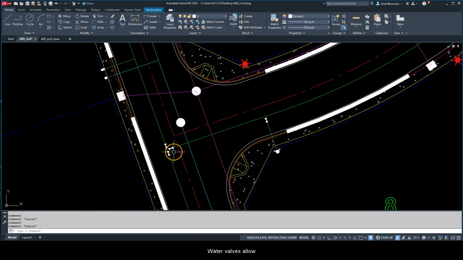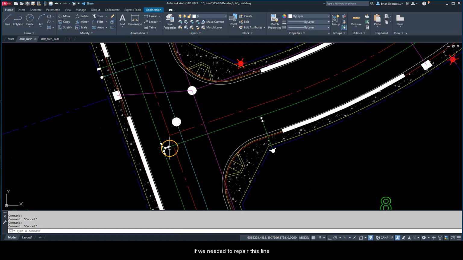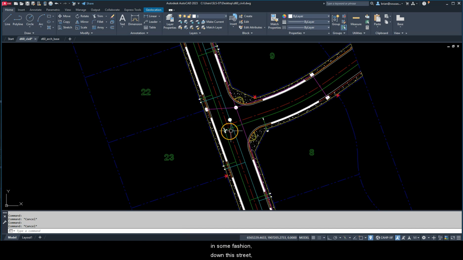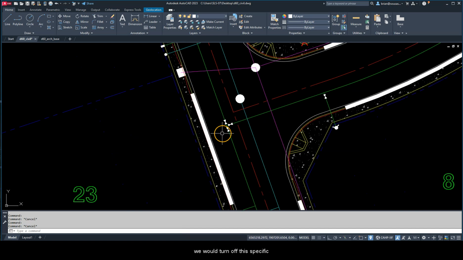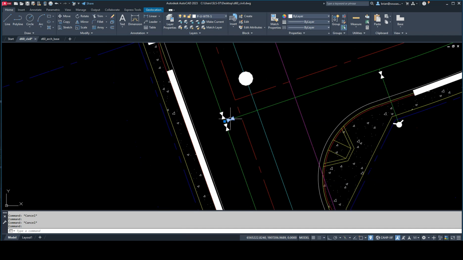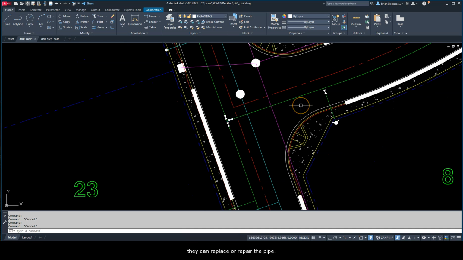Water valves allow maintenance people to maintain the specific utility by turning off a water valve. For example, if we needed to repair this line in some fashion down this street, we would turn off this specific water valve. Turning off water valves releases pressure, and then they can replace or repair the pipe.